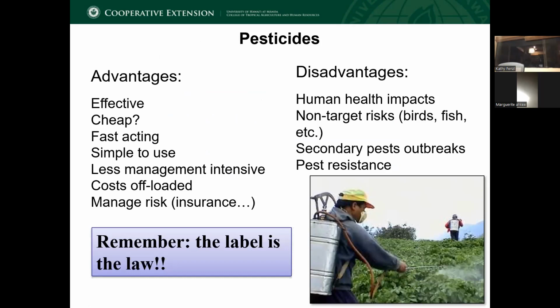Also thinking about the disadvantages, non-target risks, for example, pest resistance and so on. And we put cheap here under an advantage with a question mark because, again, depending on the frequency of spray, and we certainly know that here in Hawaii, the products can be quite expensive themselves, in addition to the labor cost.